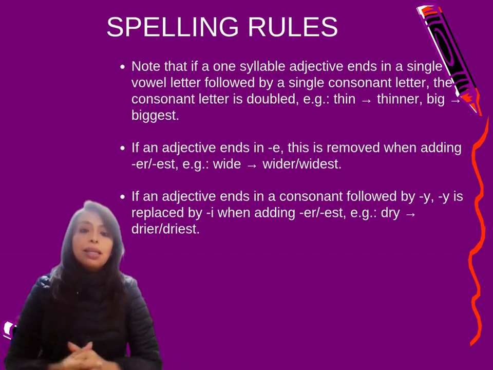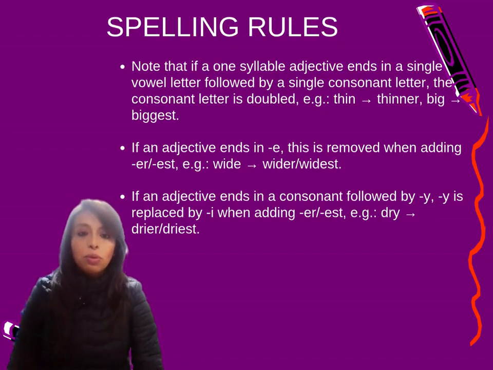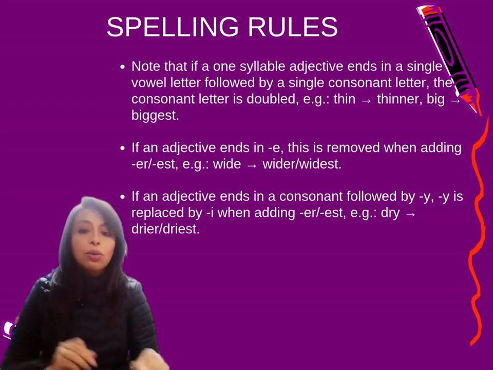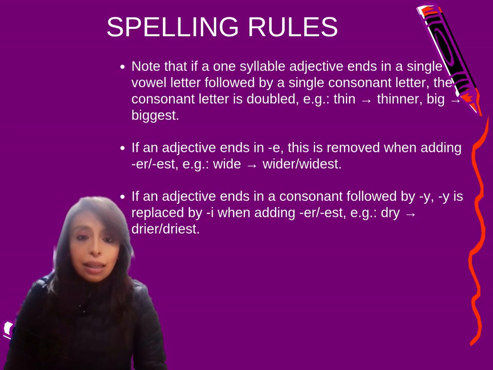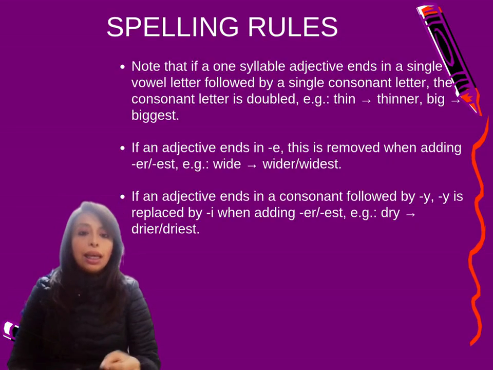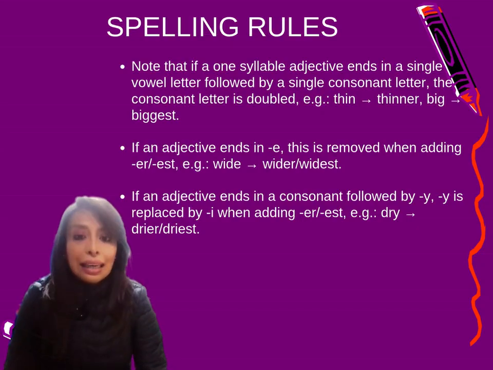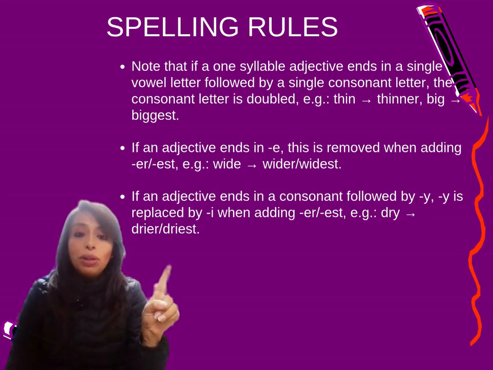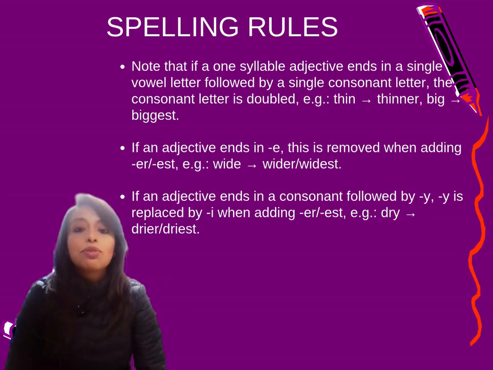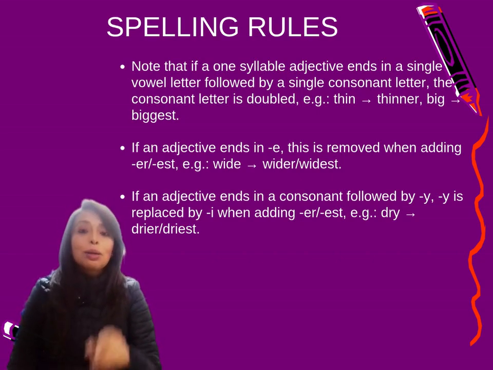If an adjective ends in E, this is removed when adding ER or EST, like wide, wider, widest. If an adjective ends in a consonant followed by Y, the Y is replaced by I. For example, dry, drop the Y and write drier, driest. Practice.